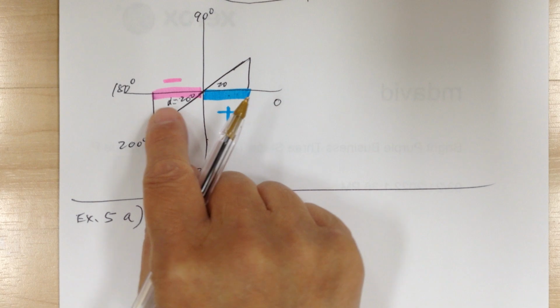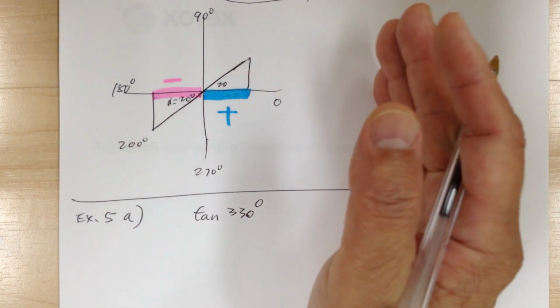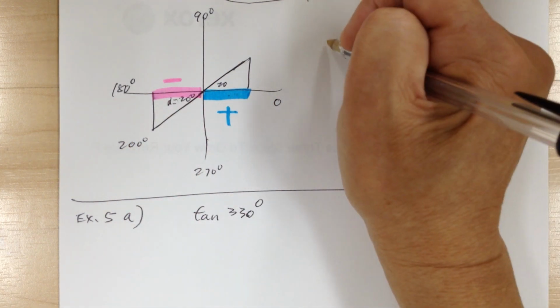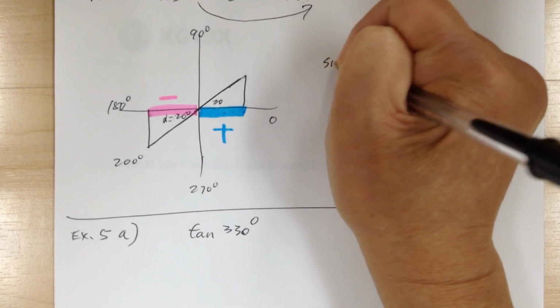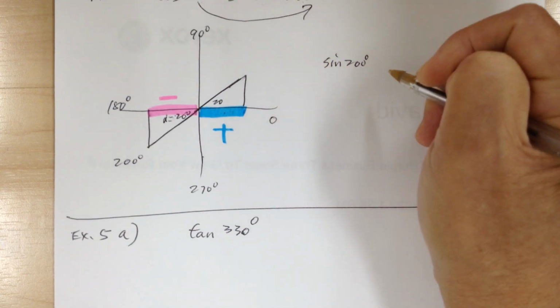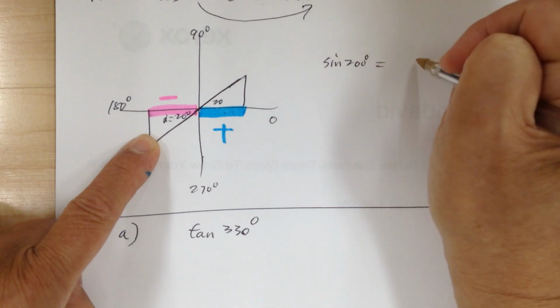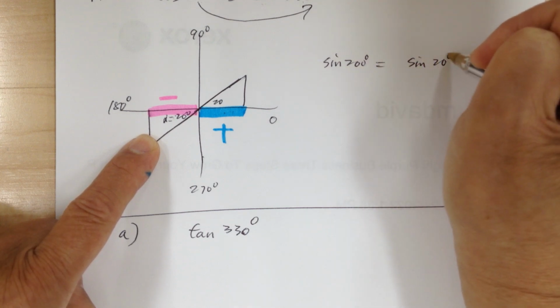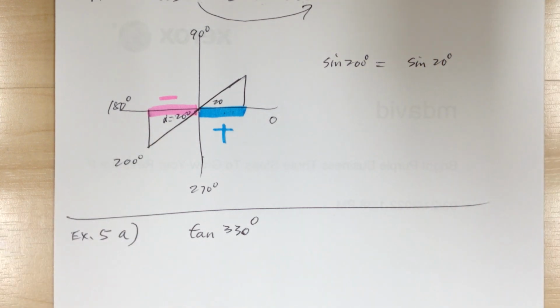If they're the same sign, for example with sine, and I'm just using an example, let's say you have sine of 200 degrees. In this case, this will equal sine of 20 degrees, right? But notice the sign.